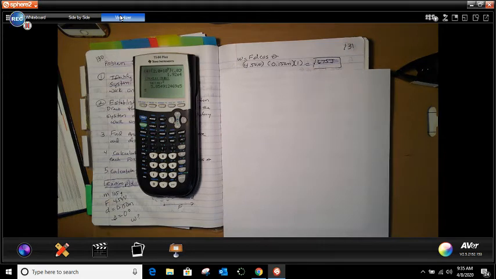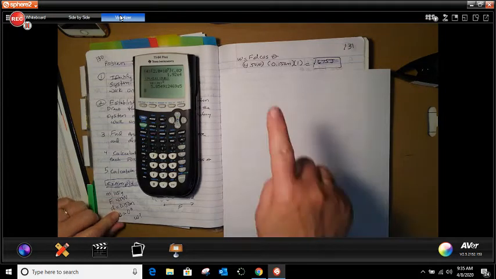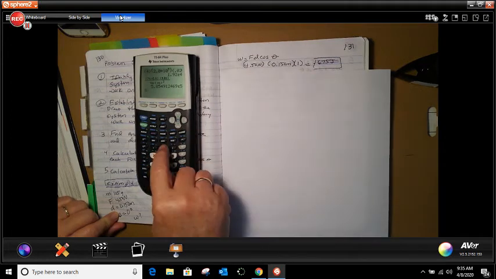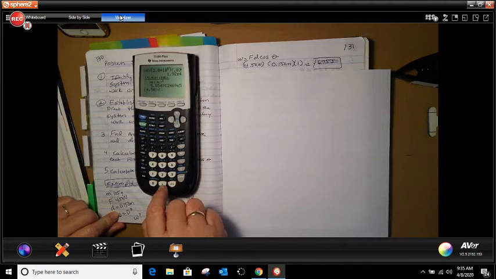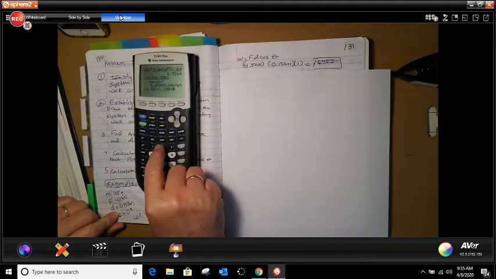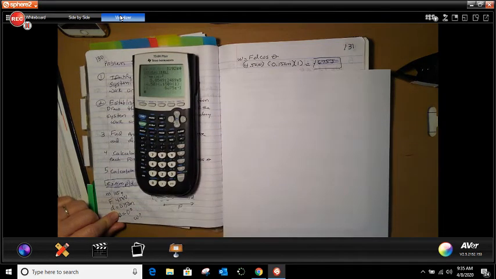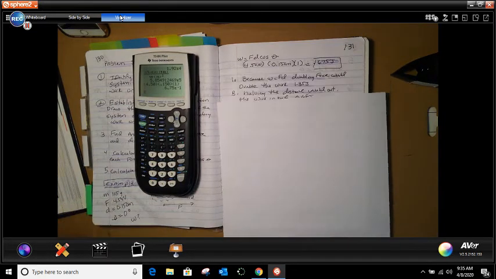Our angle is 0 over here, so we don't have to worry about that. We're just going to plug in 4.50, 0.150, 1, enter, and that is 6.75 E -1, which is the same as that.